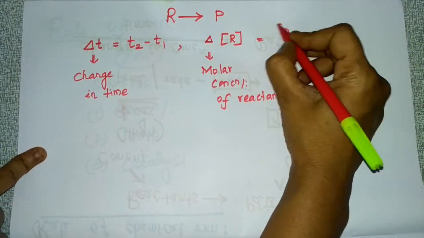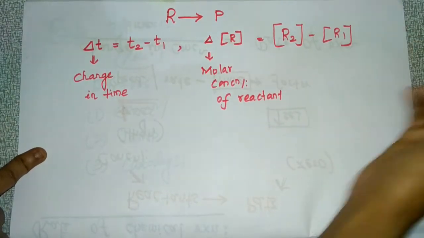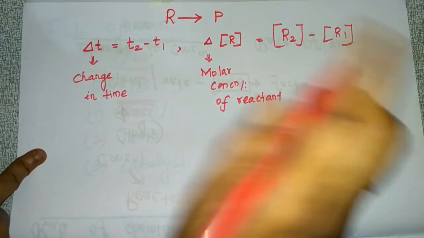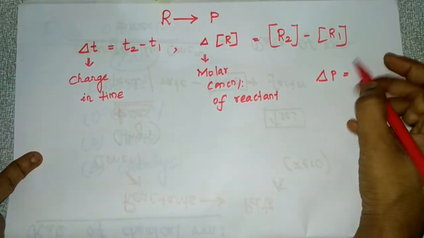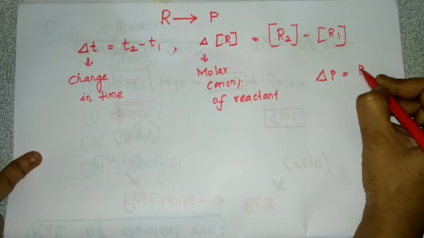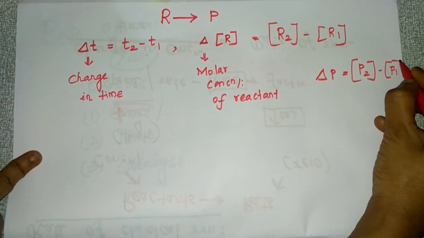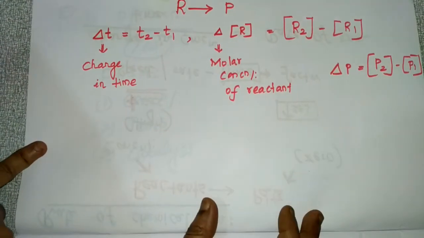That is R2 minus R1. So this is the molar concentration of the reactant. Similarly, you can write it for product. Change in the concentration of the product can be written as P2 minus P1. So this is for the product.